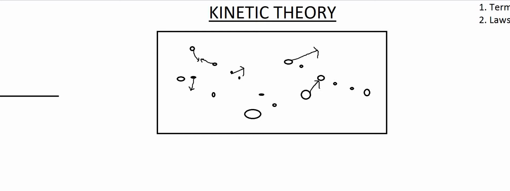So there are three terms you need to know in kinetic theory. The first one is volume, which is the amount of space occupied by the gas.